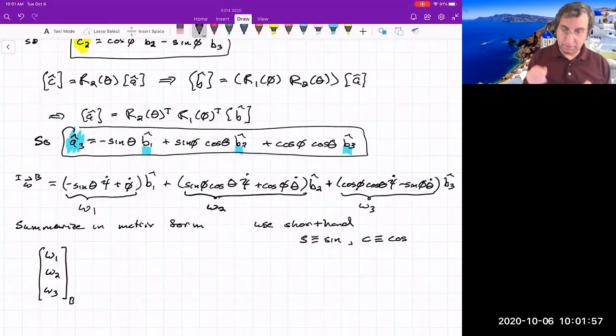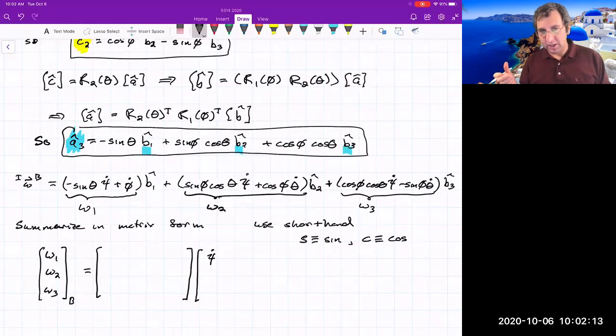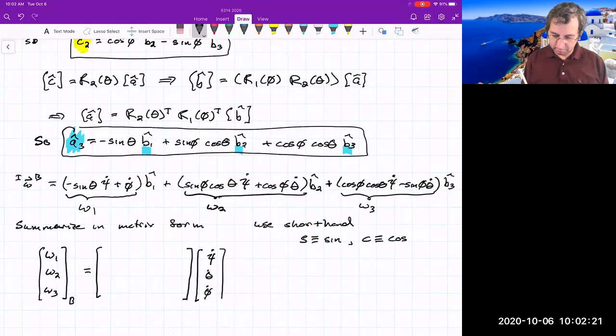And remember, these are the B-frame components. So we put our little subscript B down there. And now this is going to look like a matrix times the rates of change of the Euler angles. So we've got psi dot, theta dot, and phi dot.